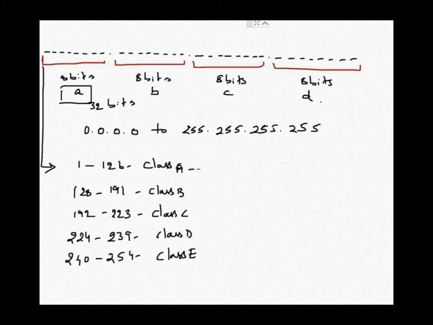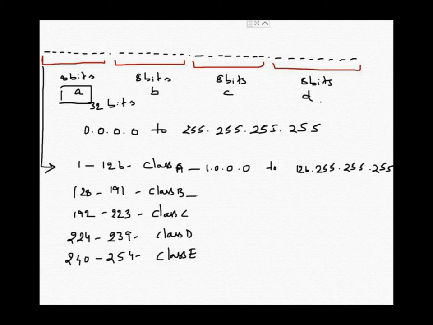Class A address range is from 1.0.0.0 to 126.255.255.255.